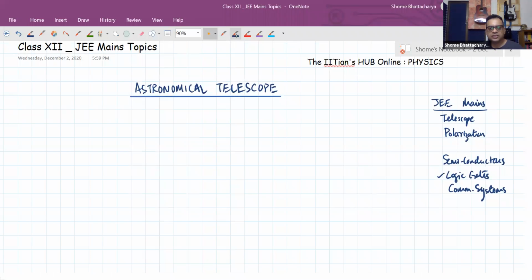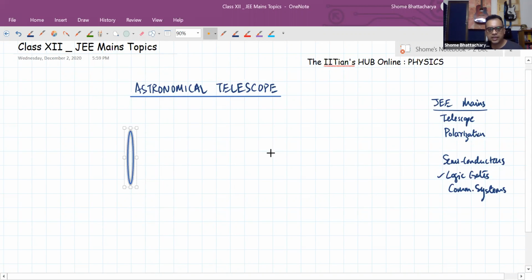So as you know, it is an optical instrument to view very distant objects like stars, etc. Again, the instrument will consist of two lenses: the objective lens and the eyepiece.